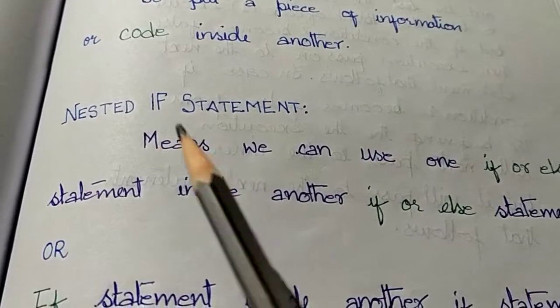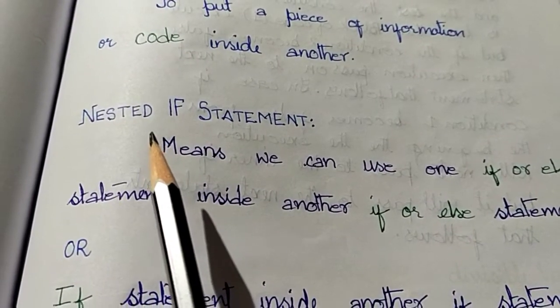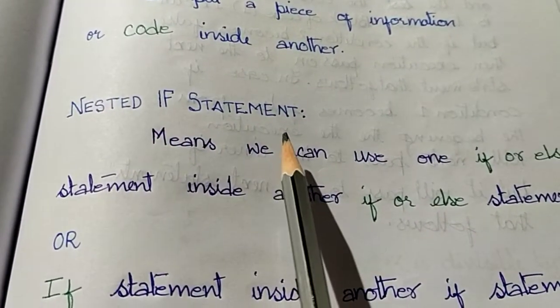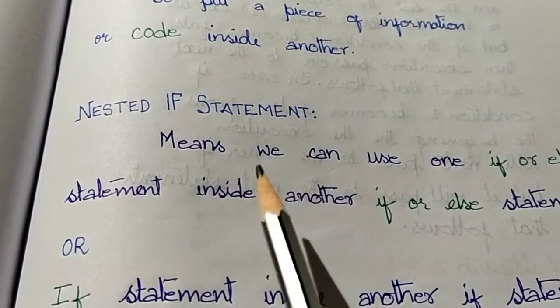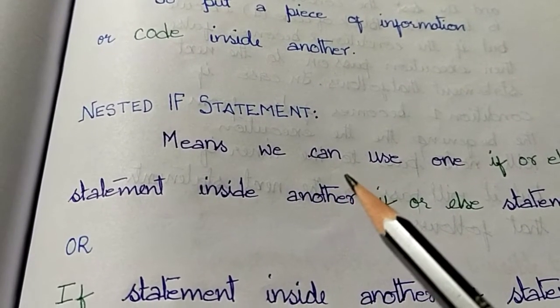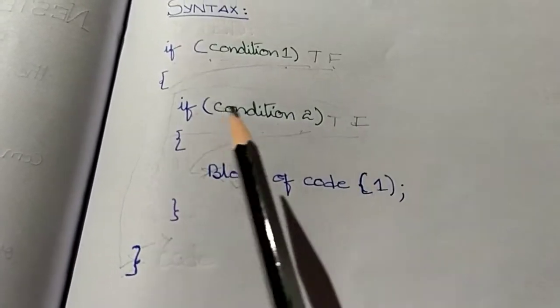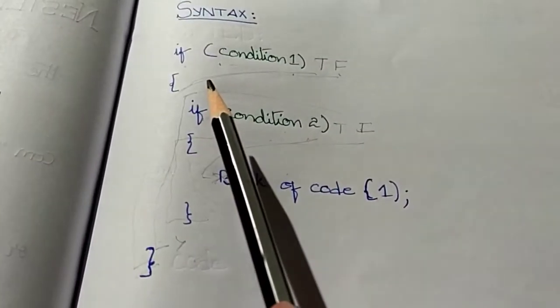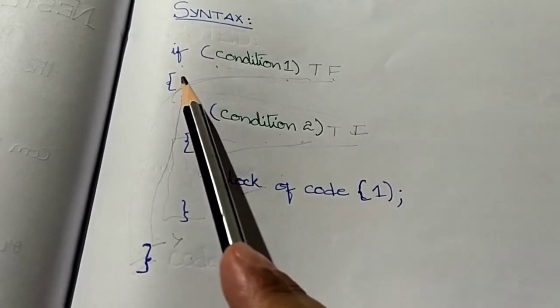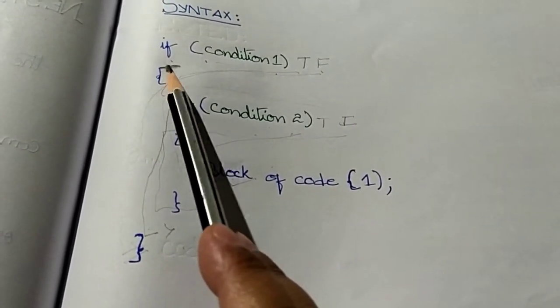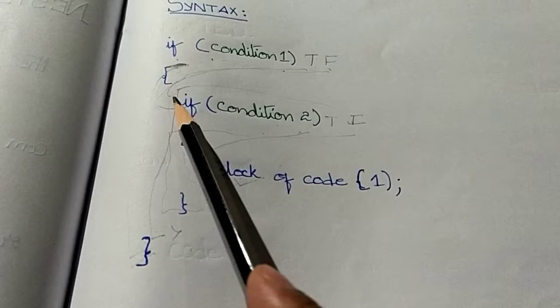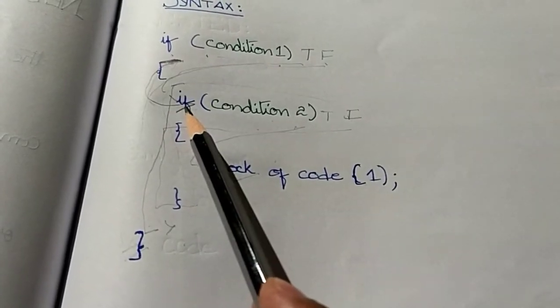So last class I've explained and discussed the nested if statement, right? But in today's class I'm going to explain the multiple if statement. In the previous class I mentioned that in the nested if statement, inside the outer if, you can have another if statement, right?